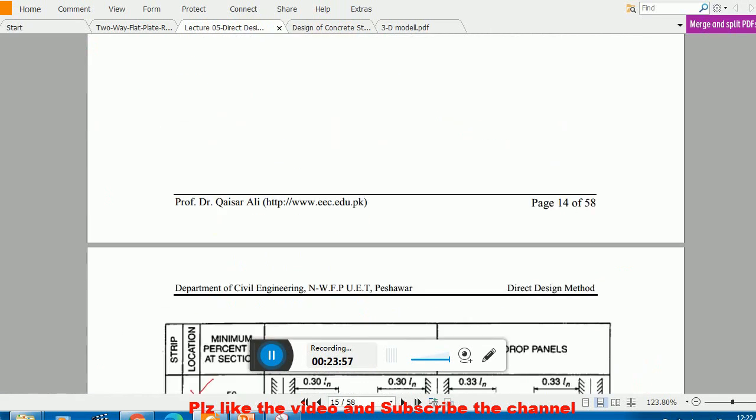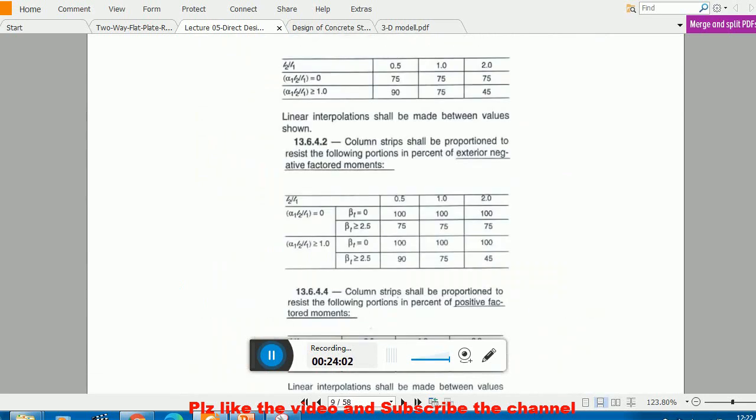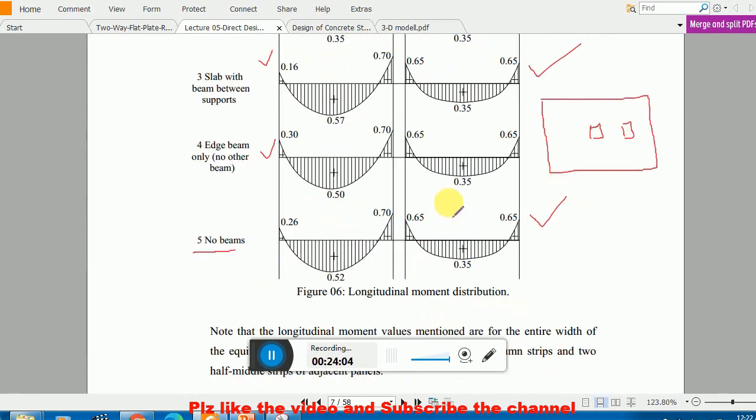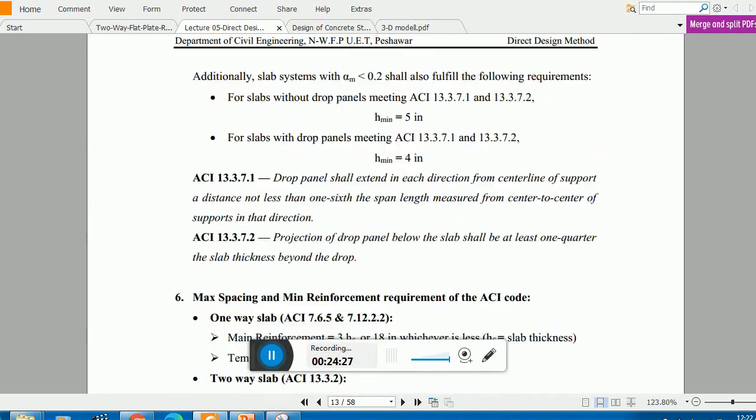Look, slab with beam between supports: when you have beams, you have to use 0.16 for exterior negative, 0.57 for exterior positive, here you have to use 0.7, and here you have to use 0.65. So these are the coefficients.